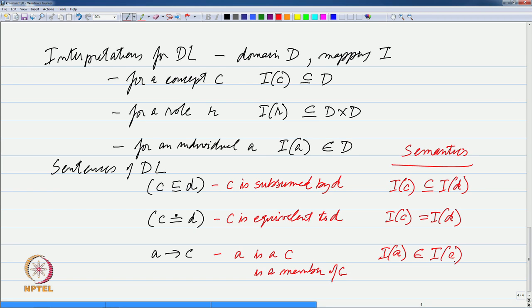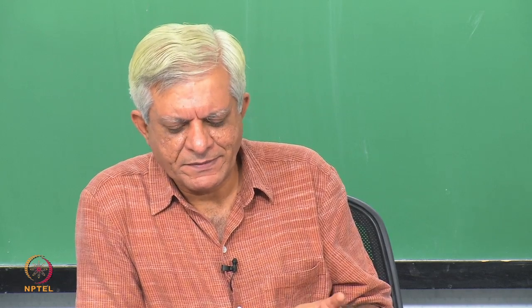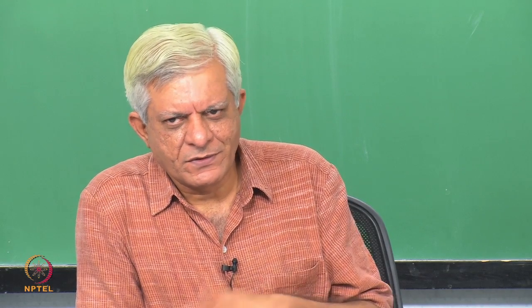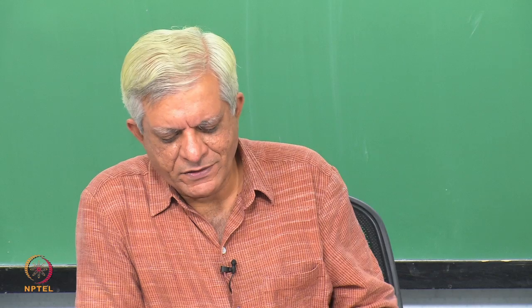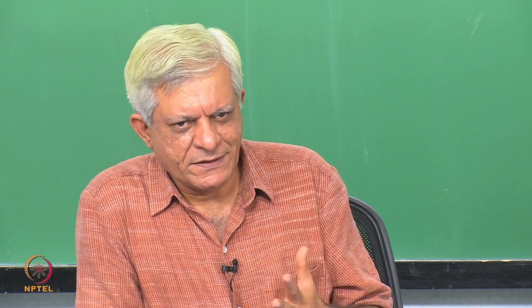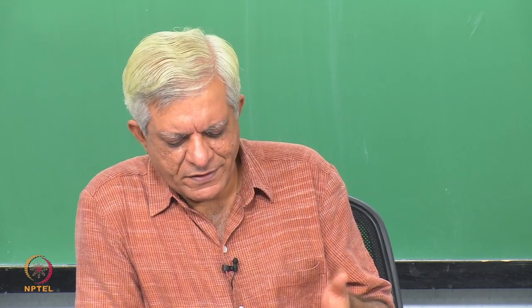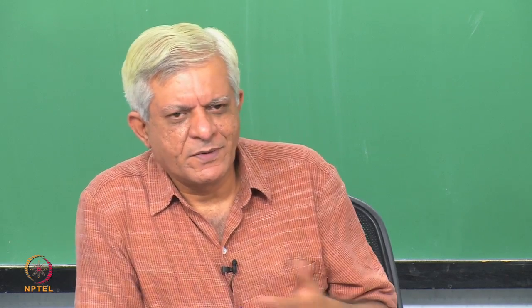So, essentially all description logics, not just the one that we are discussing right now, talk about concepts, roles which are binary relations between concepts, and individuals which belong to concepts, and that is about it. And the only kind of statements you can make is that a concept is subsumed by another concept, or a concept is equivalent to another concept, or an individual belongs to a concept.